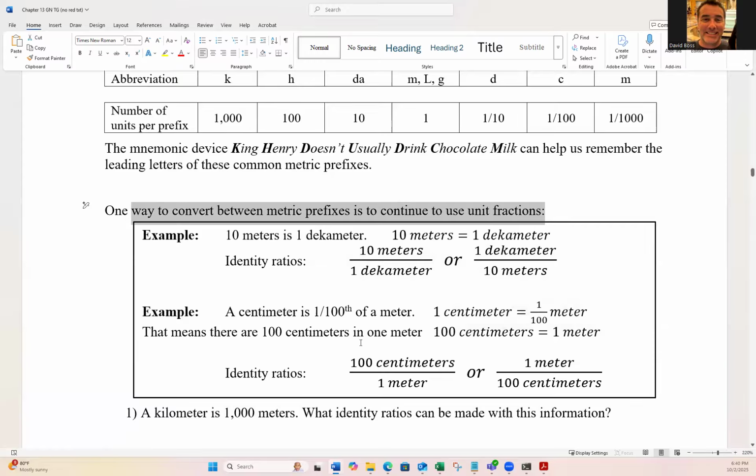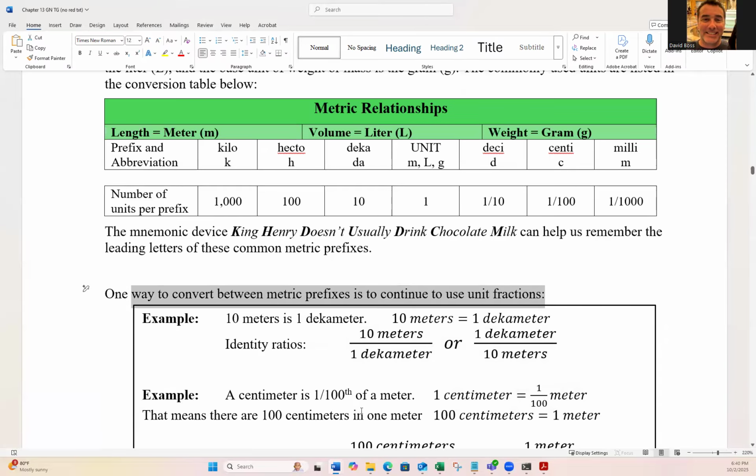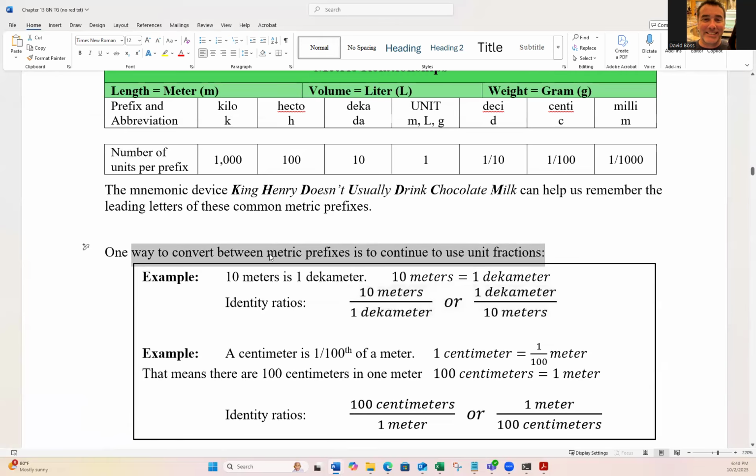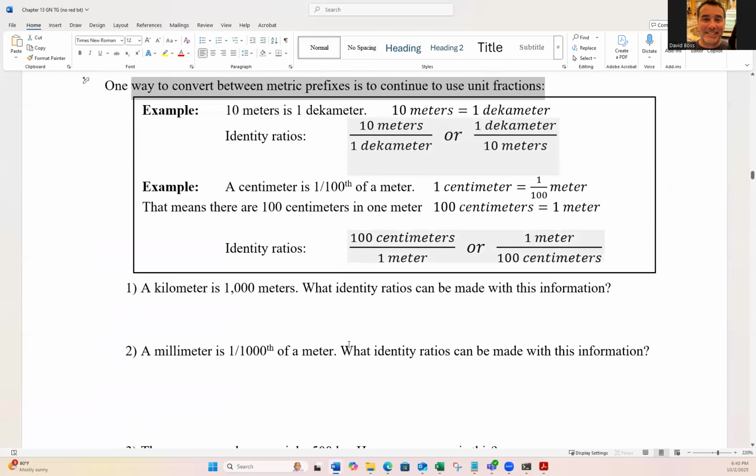I'm not sure if I'm pronouncing decameter right. I've not used anything other than kilo, centi, and milli. Anyways, okay, example, a centimeter is 1/100th of a meter. It means there are 100 centimeters in 1 meter.